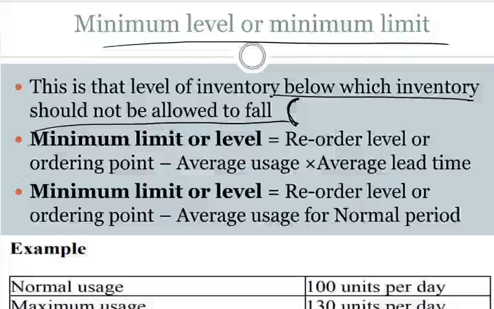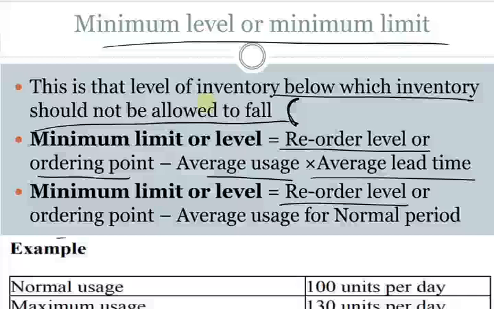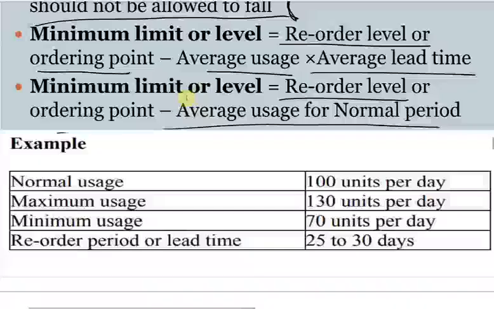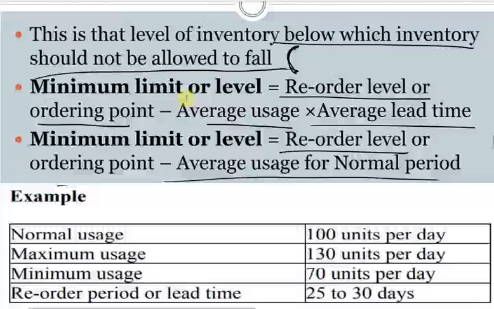So what's the formula? You use the reorder level or the reorder point. We have just finished talking about the reorder level and reorder point. We will use that one. Reorder level or reorder point minus average usage times average lead time, or the reorder point minus average usage for normal period. So that's the formula.